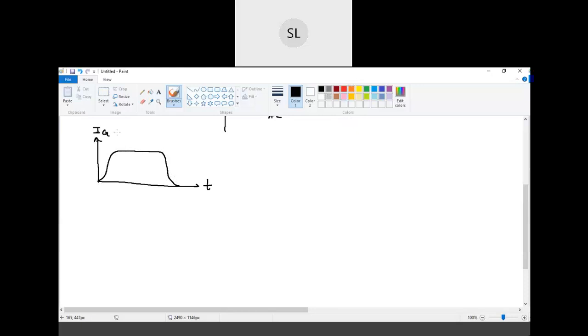In order to turn on this thyristor, we need to apply some gate voltage.